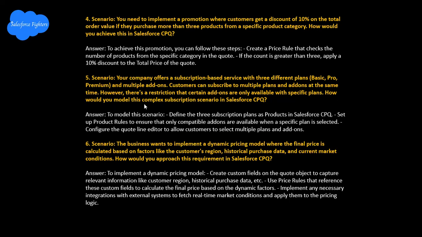How will you model this complex subscription scenario with Salesforce CPQ? To model this scenario, define the 3 subscription plans as products in Salesforce CPQ. Set up product rules to ensure that only compatible add-ons are available when a specific plan is selected. Configure a quote line editor to allow customers to select multiple plans and add-ons.